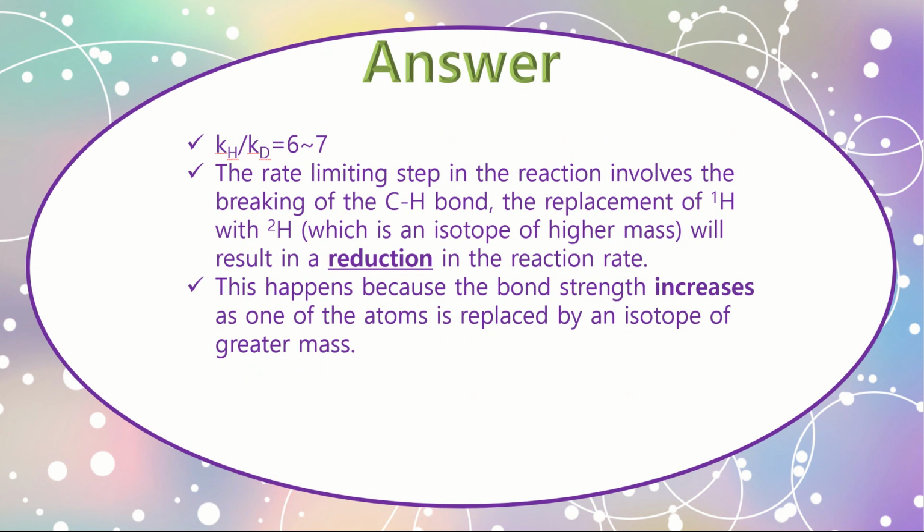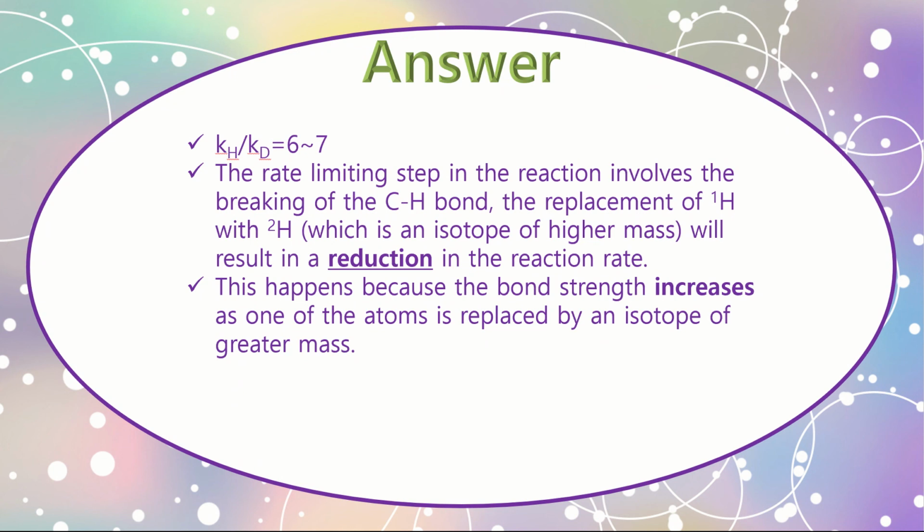Well, if you had all of the things that we mentioned earlier, that is, the rate constants, if we divide them, that's between 6 and 7 at 25 degrees Celsius, or whatever temperature we're measuring at. And if you had that the rate limiting step in the reaction involves the breaking of the carbon-hydrogen bond, the replacement of protium with deuterium, which is a higher mass isotope, will result in a reduction in the reaction rate.